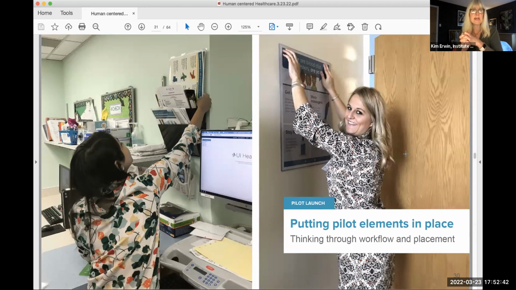Then we put our elements into place, and we thought through everything we had observed. Nurse workflows, what we ultimately concluded on the right-hand side, and this was based on an observation that the people with the most capacity to do anything are the people stuck in the bed and their family members. Adding one more task to a nurse's list when they have so much work to do, they are bedside.